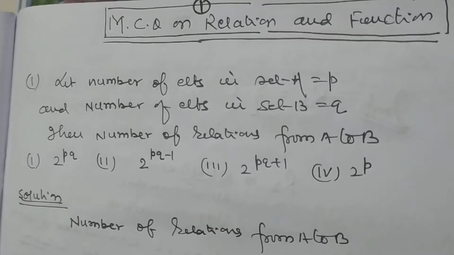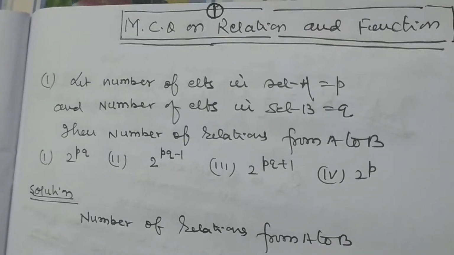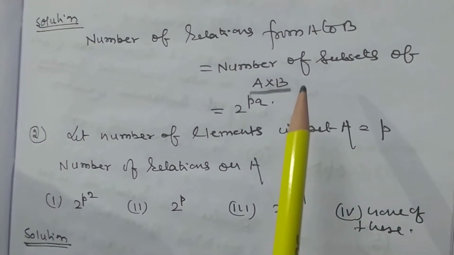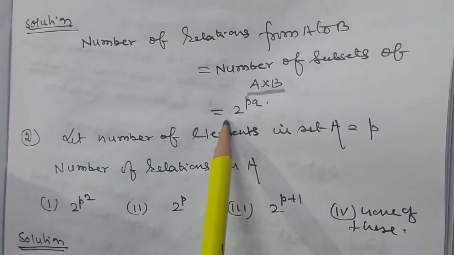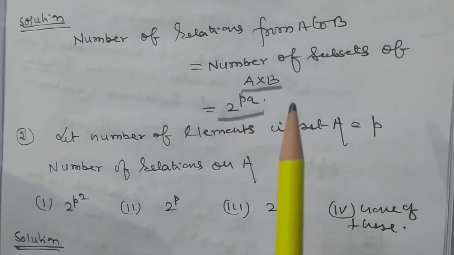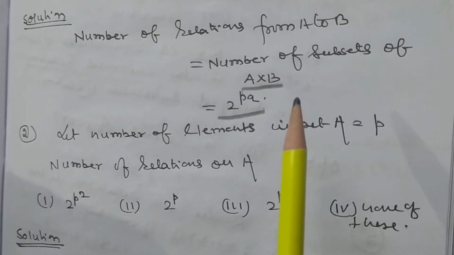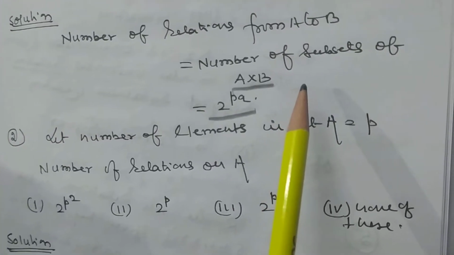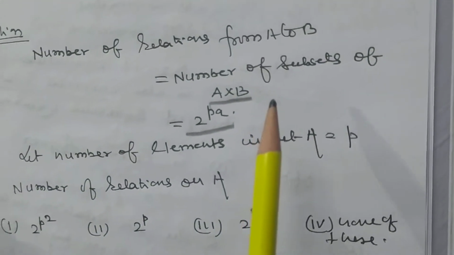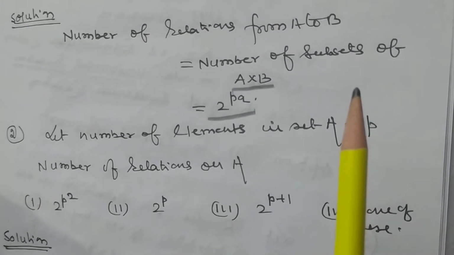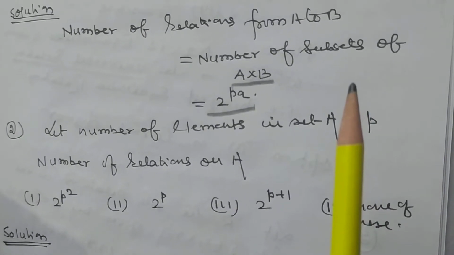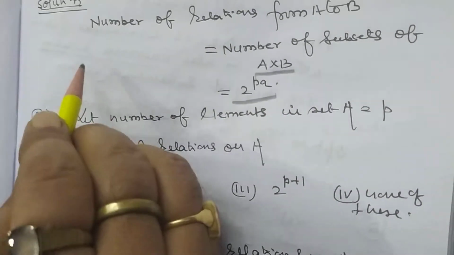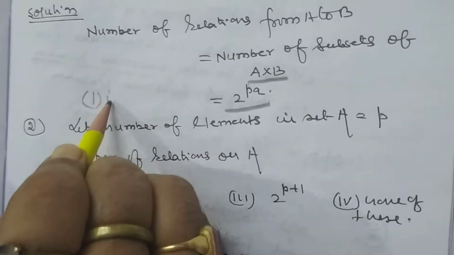My dear student, the number of relations from A to B is equal to the number of subsets of A Cartesian product with B, and it will be 2 to the power P into Q. So my dear student, in this way we can solve this problem, and option 1 is the correct answer.